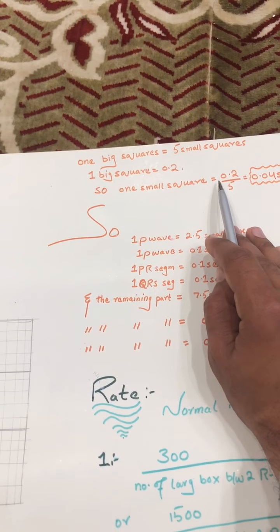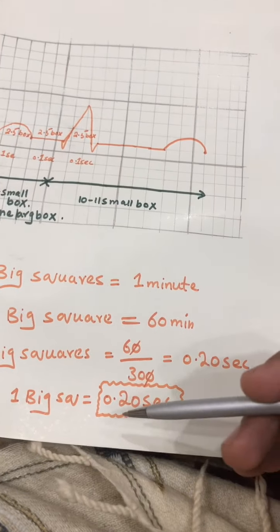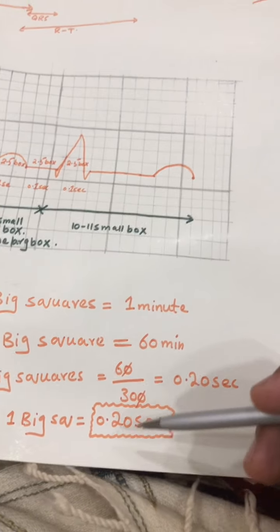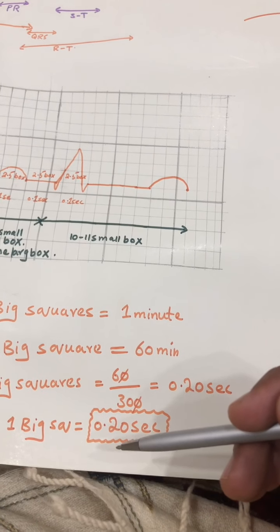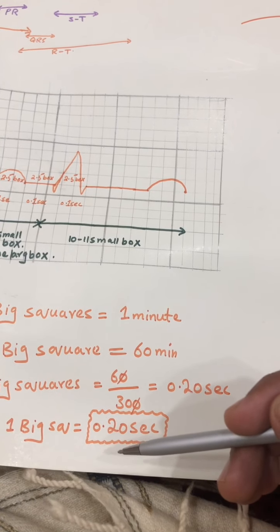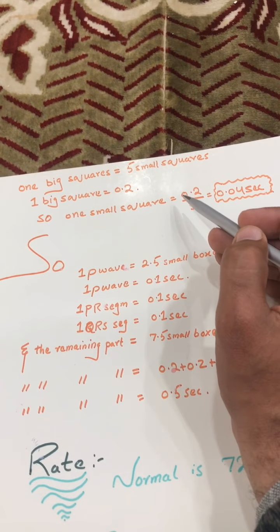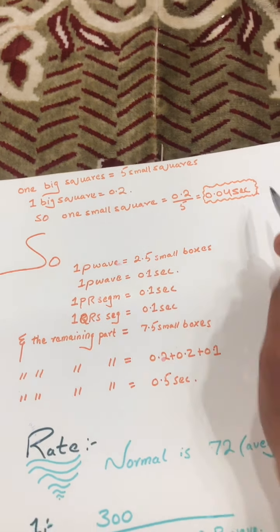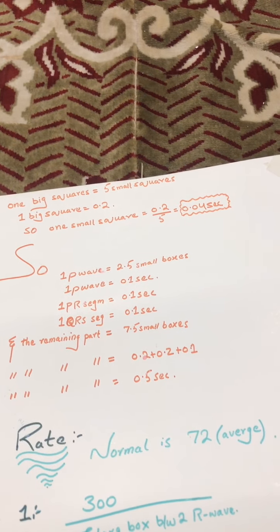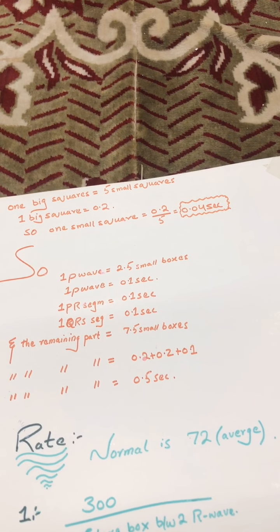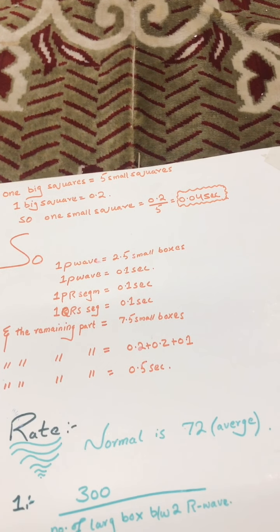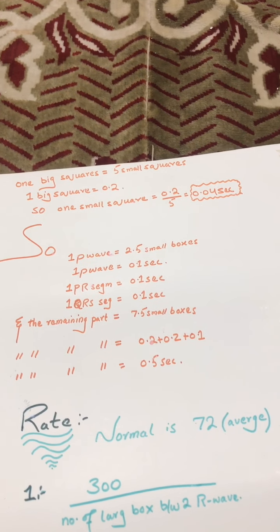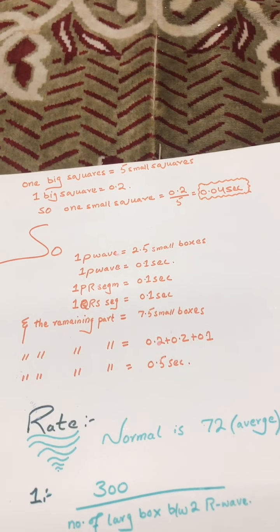Simply, we can divide this one by 5, and we can find the time taken by one small square to pass under the needle. 0.2 divided by 5 is 0.04 seconds. So this is the answer. It means 0.04 seconds are required for a small box to pass under the needle.